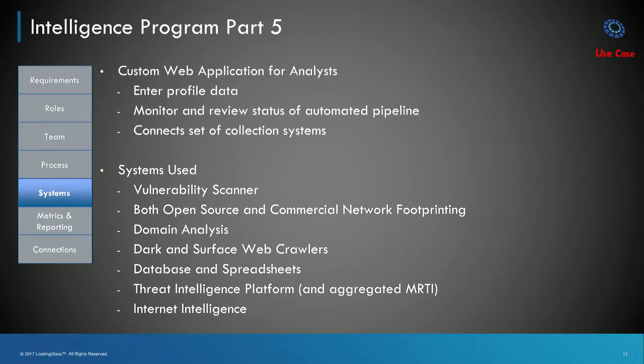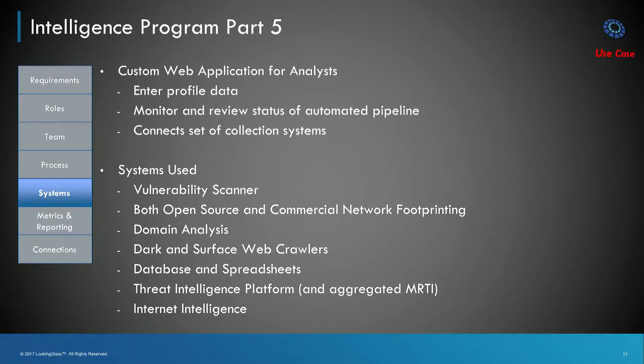The ability to do dark and surface web crawling, so go gather information about who's been posting on particular sites with credentials, for example. Have they been posting malware that's specifically targeted at a particular third party, etc. So the ability to crawl and gather that information is critical.